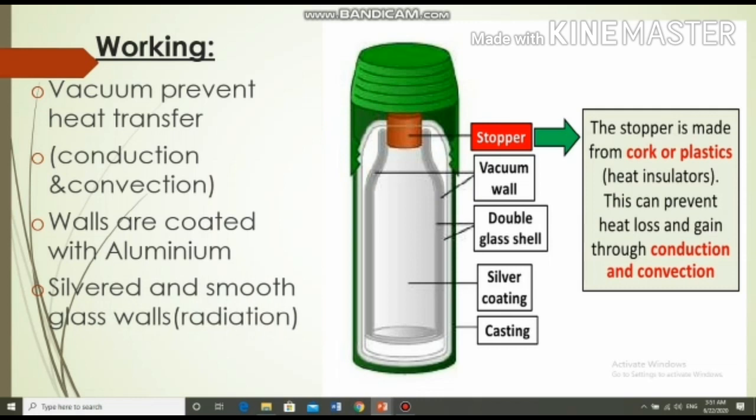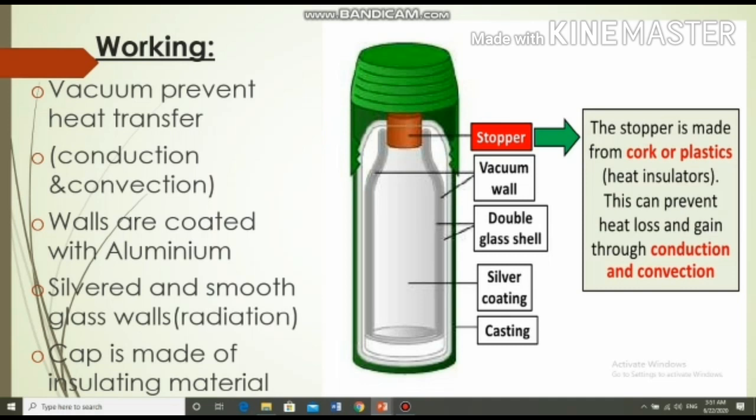So this silver and smooth glass wall reduces the transfer of heat energy by radiation. The cap is made up of insulating material, which is a bad conductor, meaning it is made up of cork or any plastic material. It also helps to prevent heat loss by conduction and convection.